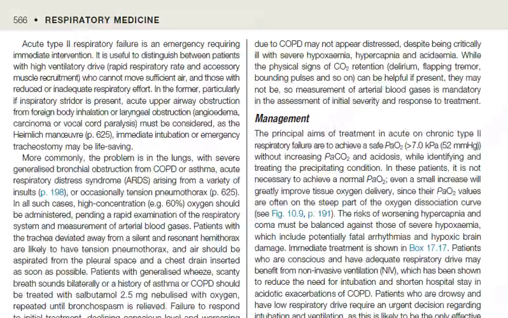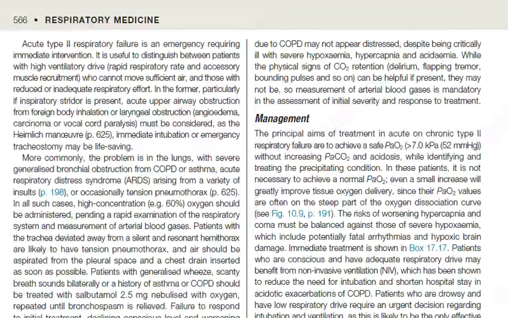In these patients, it is not necessary to achieve a normal partial pressure of arterial oxygen. Even a small increase will greatly improve tissue oxygen delivery, since their partial pressure of arterial oxygen values are often on the steep part of the oxygen dissociation curve.